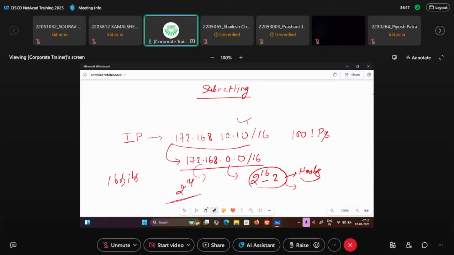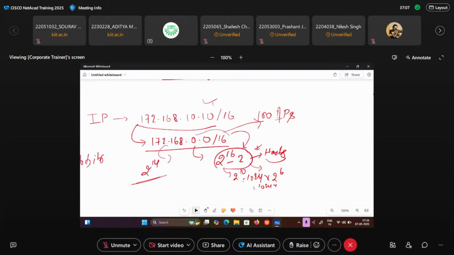2 raised to the power 10 is 1024, into 2 raised to the power 6, which is 64. Multiplying gives 65,536. Subtract 2 and you get 65,534.